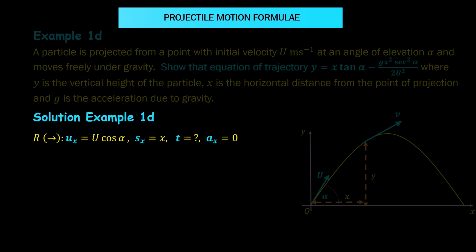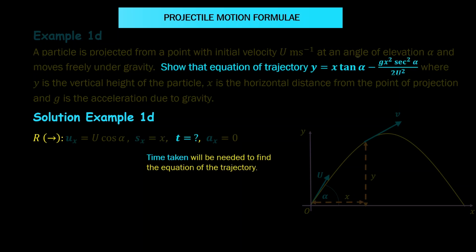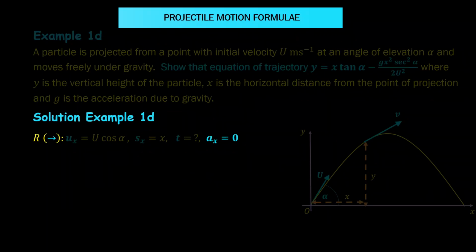If we resolve horizontally, we have u subscript x equals u cos alpha, s subscript x equals x, as shown in the diagram. We will also need to find t in order to find the equation of the trajectory. And we also have that the horizontal acceleration is equal to 0.